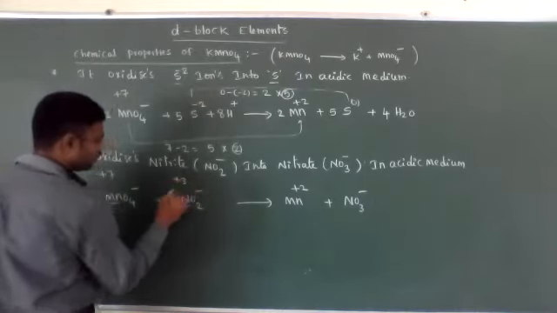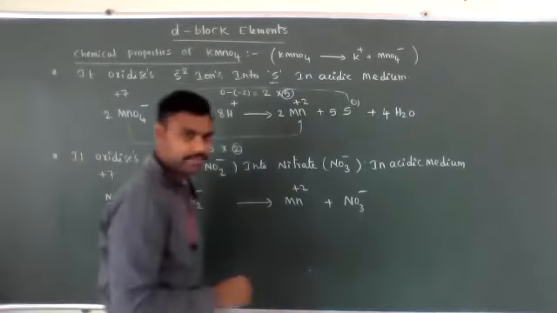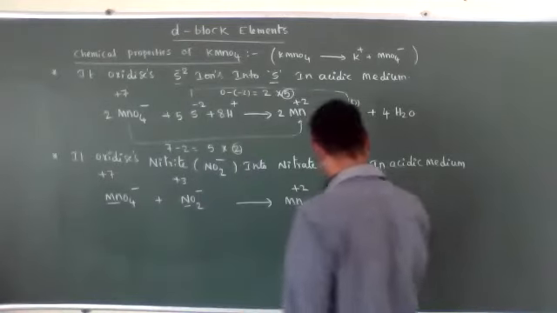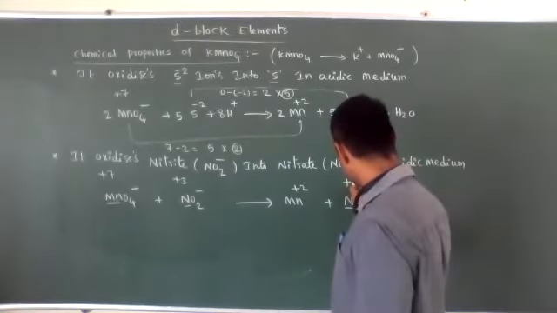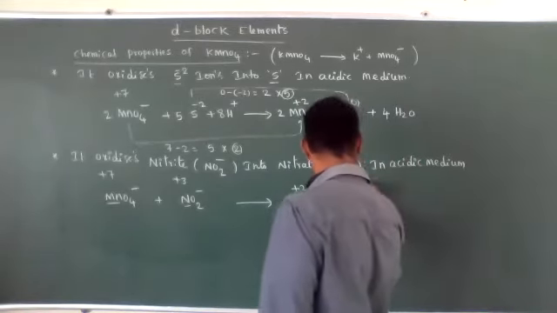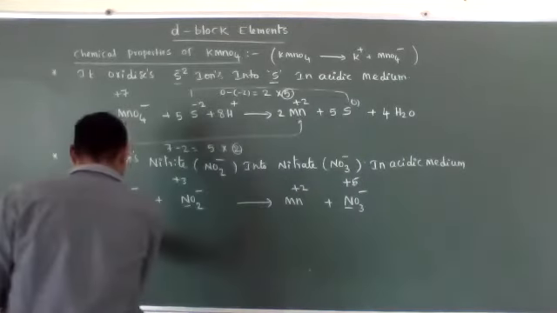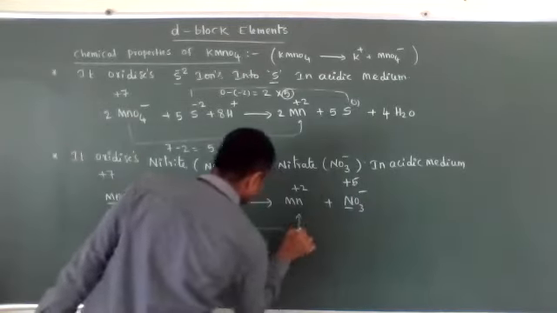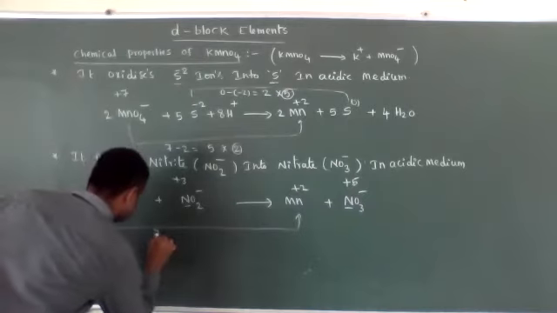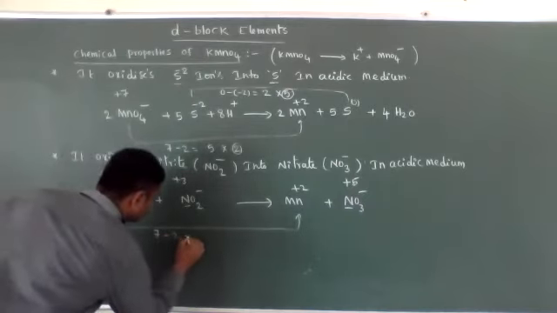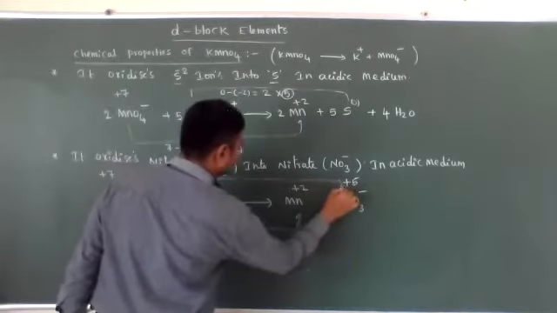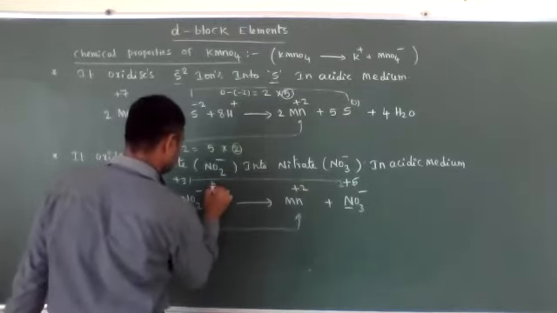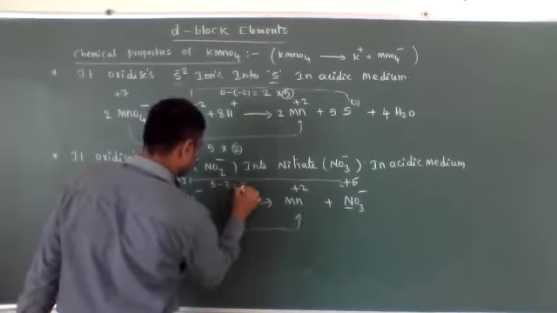Then nitrate ion nitrogen oxidation state is plus 5, and here manganese is plus 2. Let's see oxidation state differences: 7 minus 2 is equal to 5, and this difference is 5 minus 3 is equal to 2.